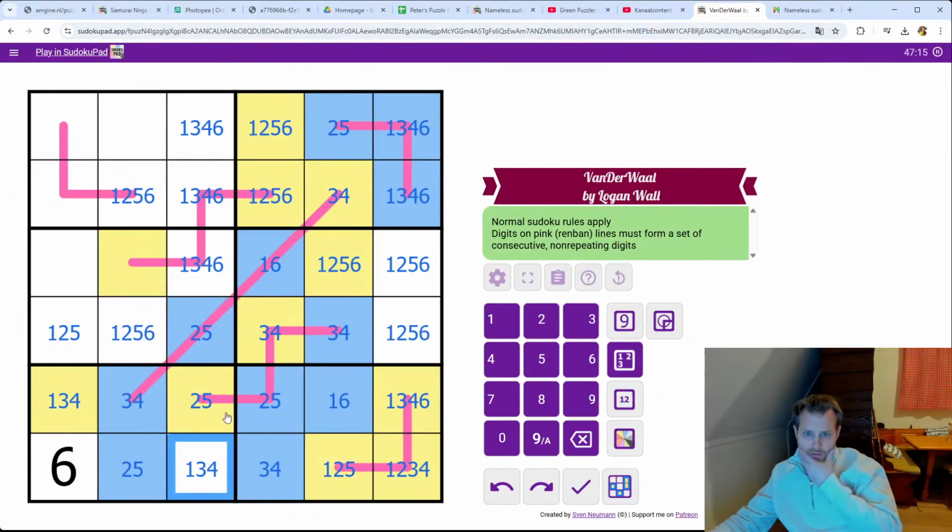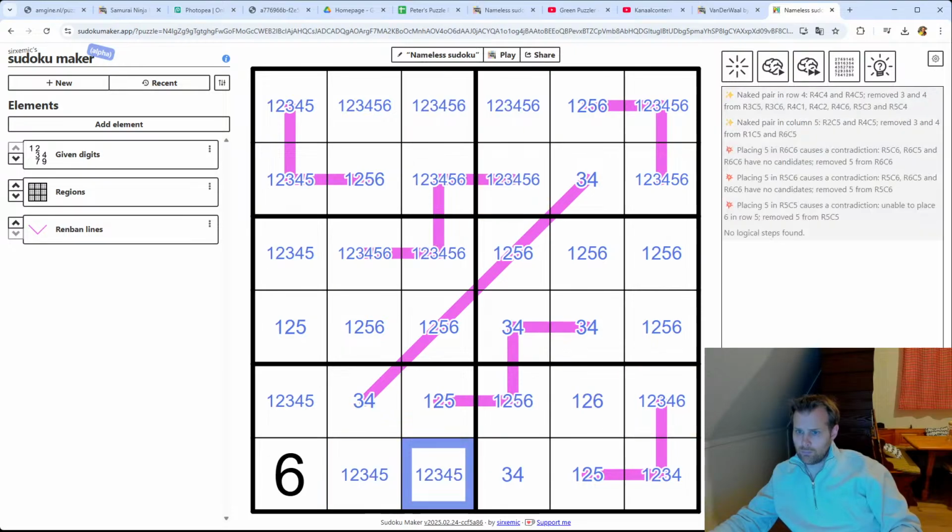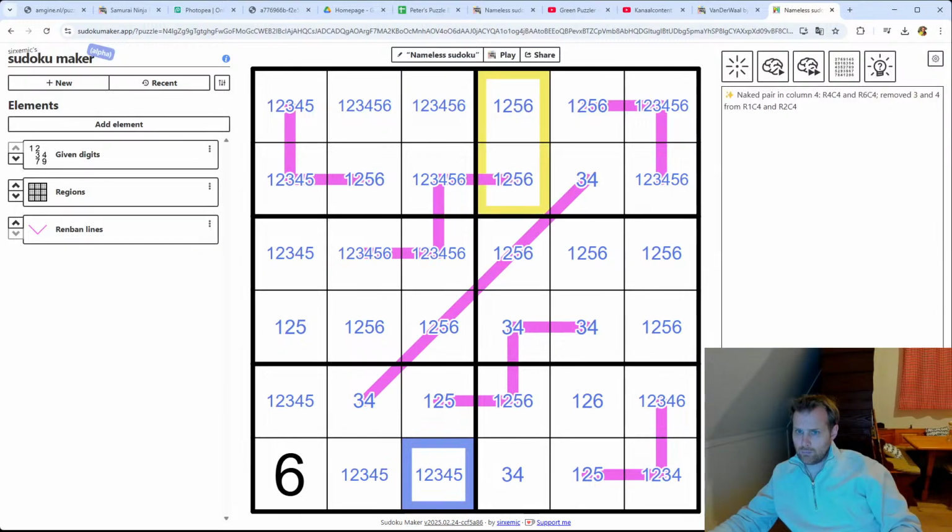Why can't this be a 4? It says this can't be a 4. Placing a 4 forces row 5, column 2.